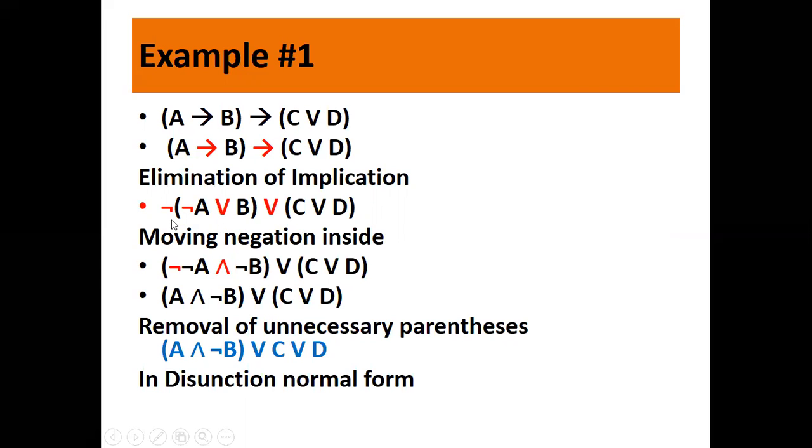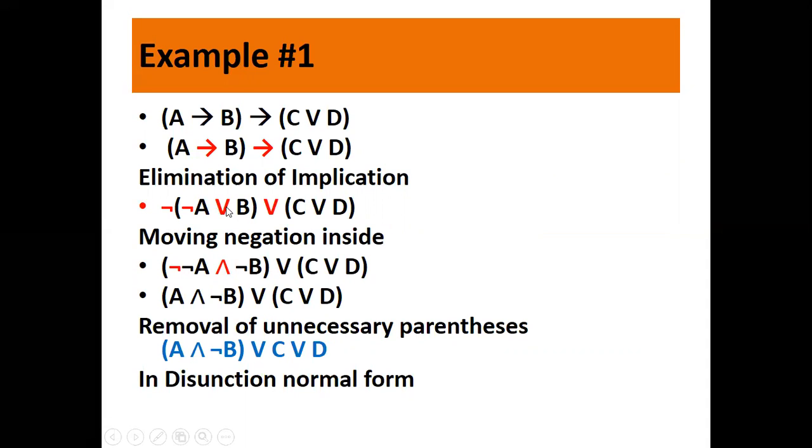Now, as per the rules, we have a negation outside the braces. What is the main motto? Negation should be associated with a literal. Here it is not associated with a literal, it is associated with a whole clause. So you need to move the negation inside. Whenever you move a negation inside, the or symbol becomes an and symbol.